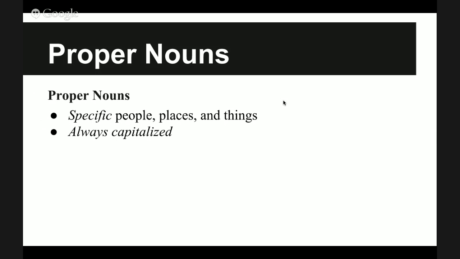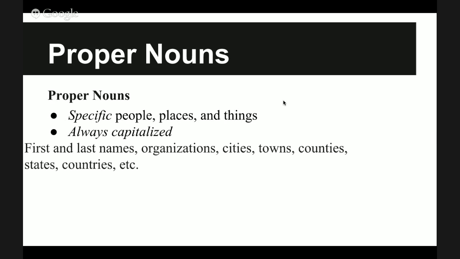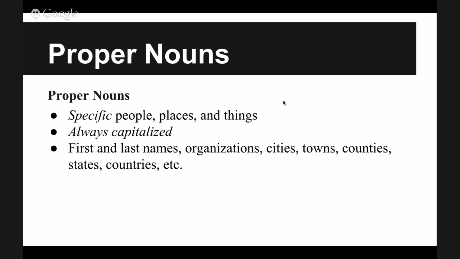What are some examples of proper nouns? We have a person's first and last names. Okay, so first and last names are always capitalized. They are proper nouns. There is no substitute for a person's name. Okay, it refers to a specific person and no one else. Therefore, it is always capitalized. Same for the names of organizations.